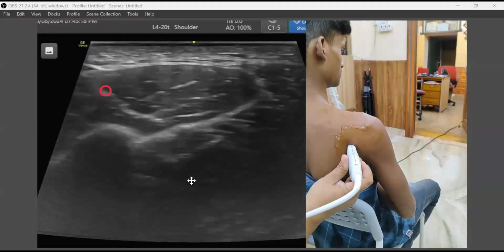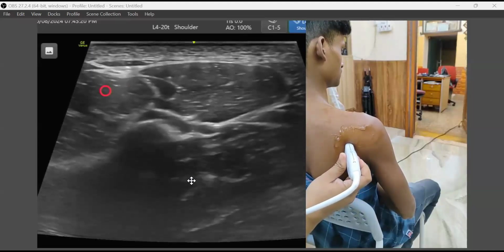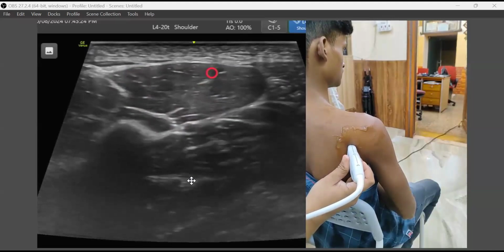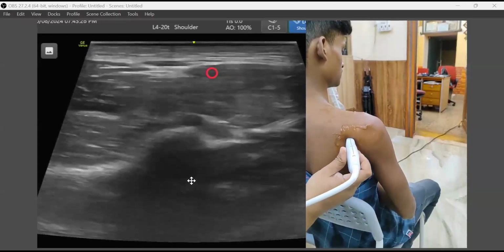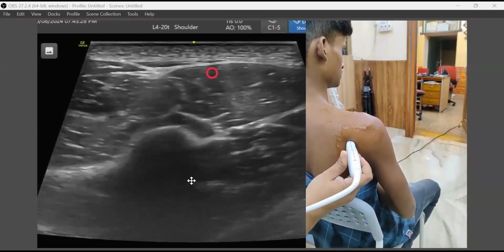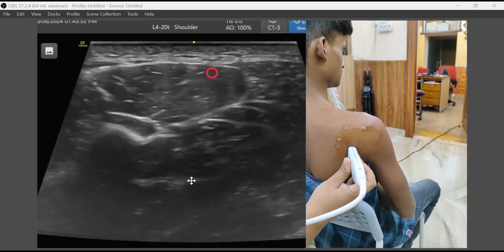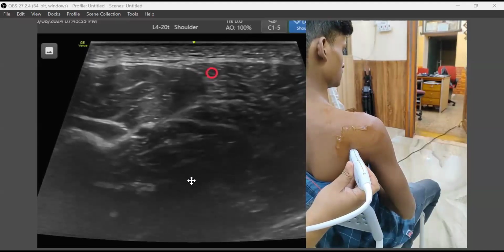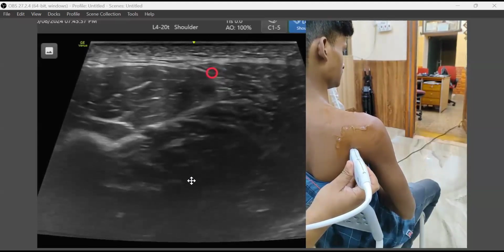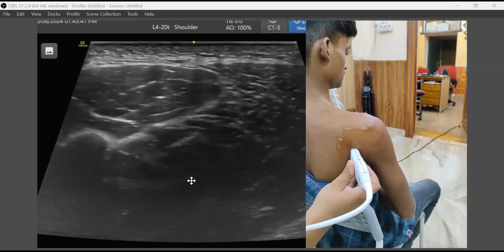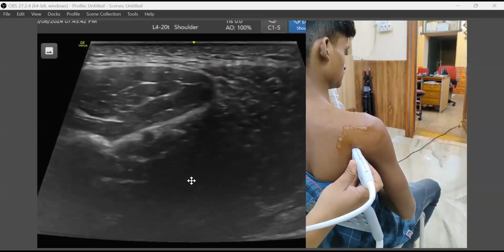And one thing remember, finding out this muscle only on the long axis view is a little bit difficult, because you will not get the margin where the infraspinatus is ending and teres minor is starting. So at the teres major, teres minor junction, if we go laterally, what are we expecting? Can anyone say what we are expecting?